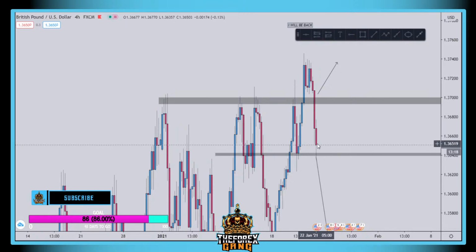Yes. I think it would be better if it closes, like you said, either at the support or below the support, and if we get the next 4 hour to come back up here and then drop, that'll be better. Because taking a sell while the 4 hour is closing above, I don't think it's a good idea.